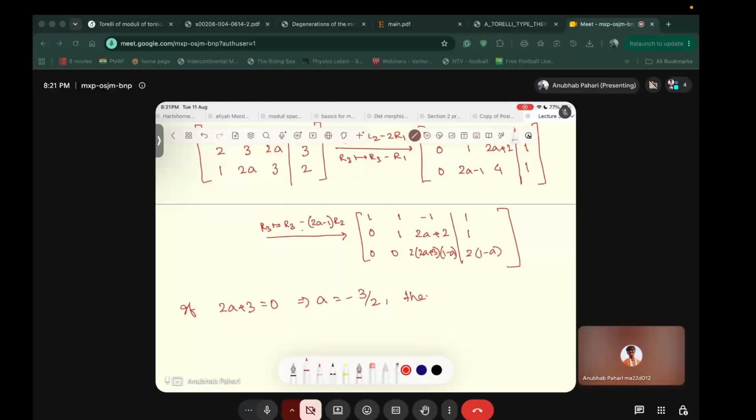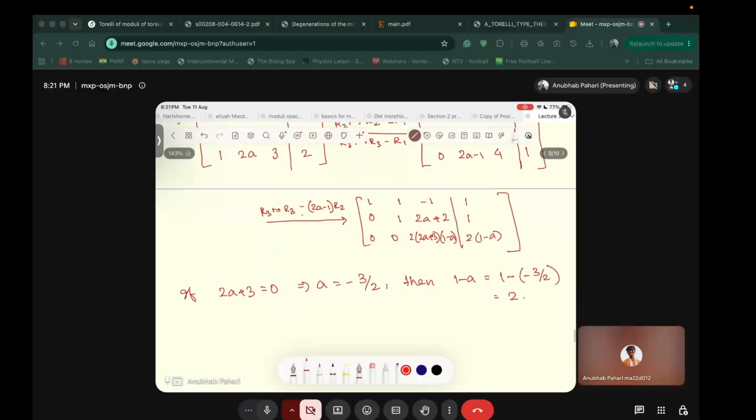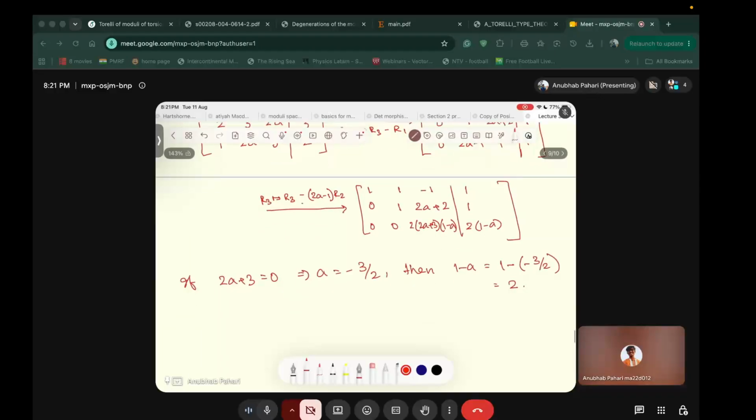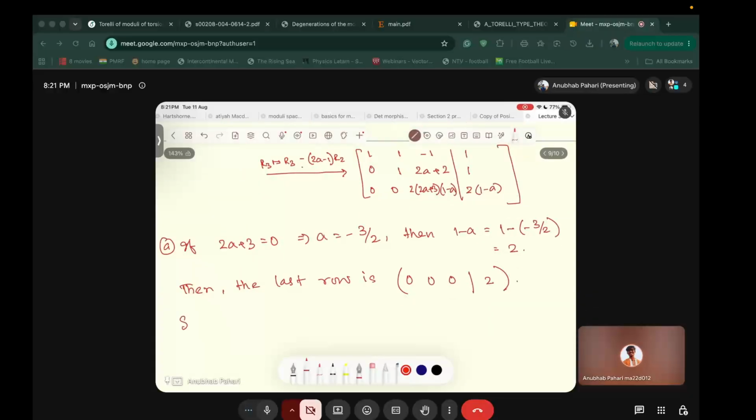Then 1 minus a becomes 1 minus minus 3 by 2, which becomes 5 by 2. Therefore the last row is 0 0 0 2, so no solution.